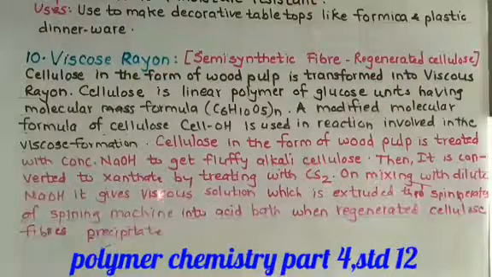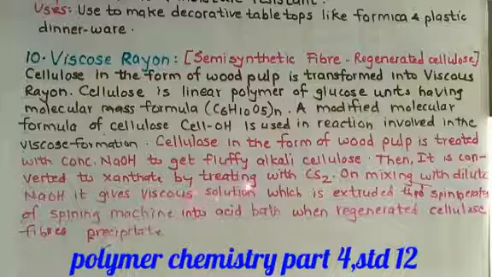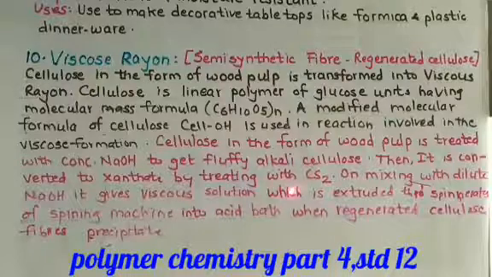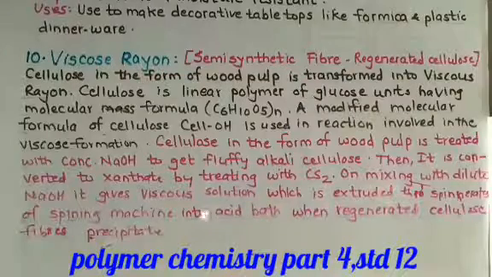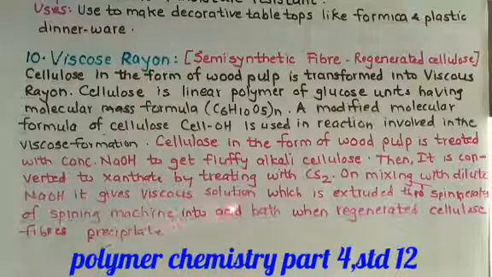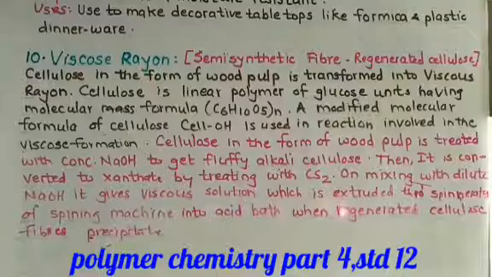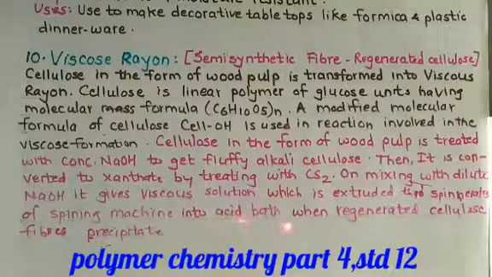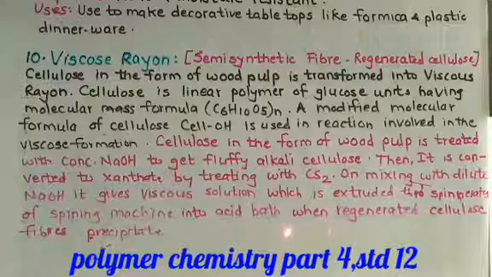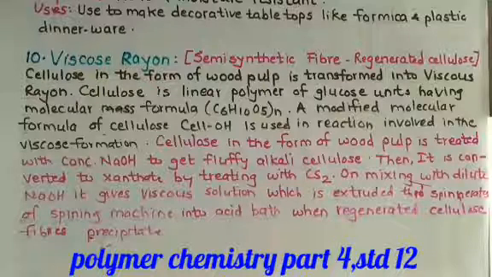Then it is converted to xanthate by treating with CS2, that is carbon disulfide. On mixing with dilute NaOH, it gives a viscose solution which is extruded through spinnerets of spinning machines into an acid bath, where regenerated cellulose fibers are precipitated.